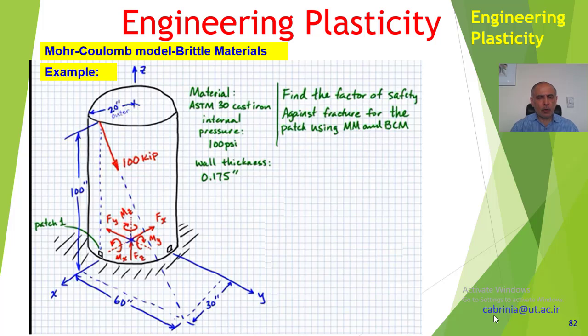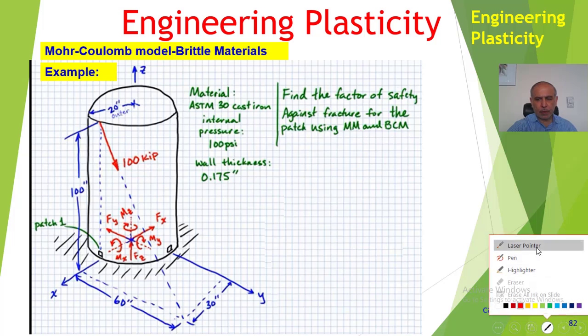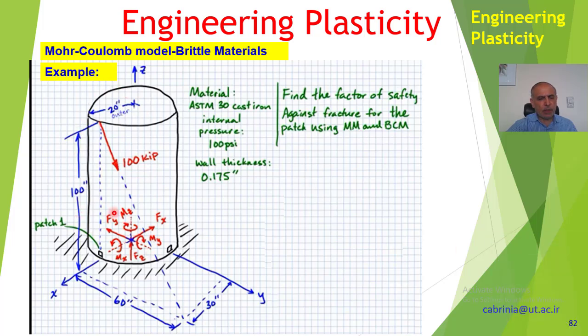As you can see, this problem consists of a pressure vessel, a cylindrical pressure vessel. The dimensions are given. The radius of the cylinder is 20 inches, its height is 100 inches, and the wall thickness is 0.175 inches.